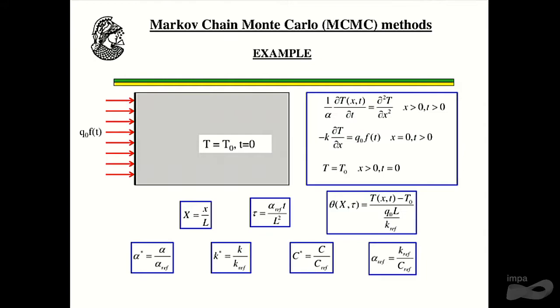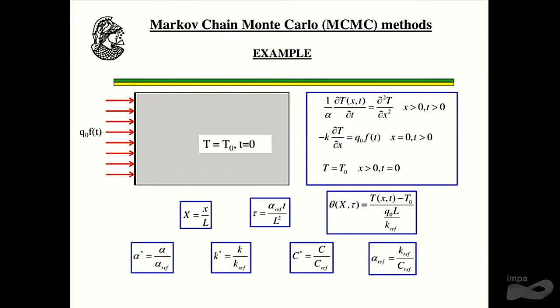Okay. So this example, it's still a semi-infinite medium, initially at temperature T0, and we have an excitation. We have an imposed heat flux at the surface x equals 0, which is Q0 multiplied by some function of time. And this is the mathematical formulation of the problem.